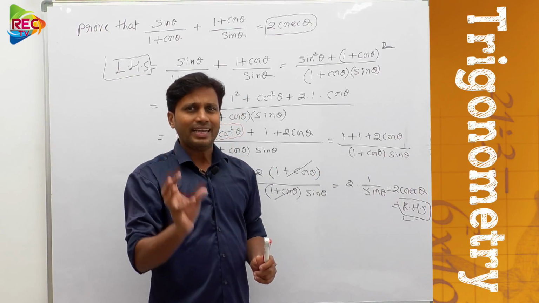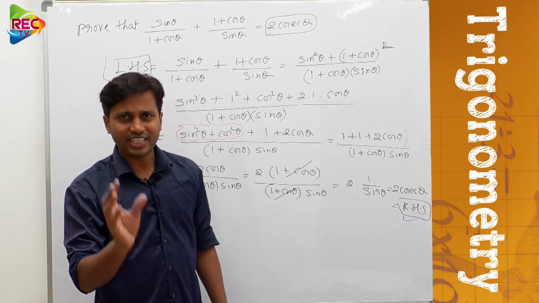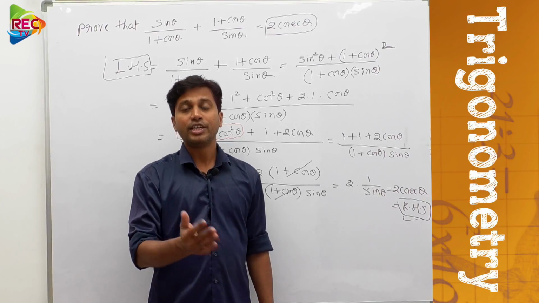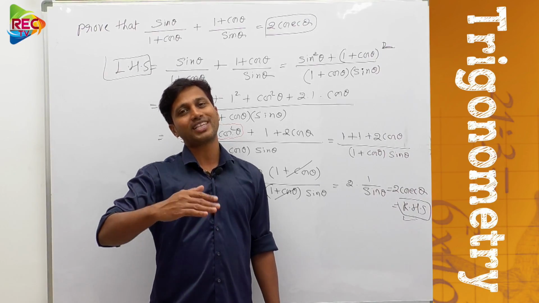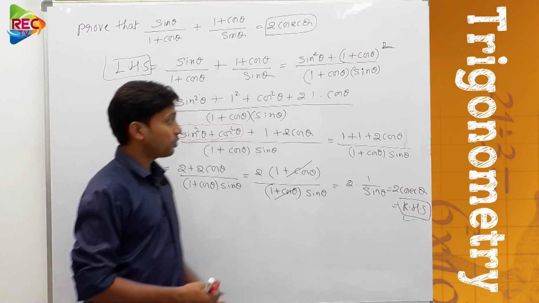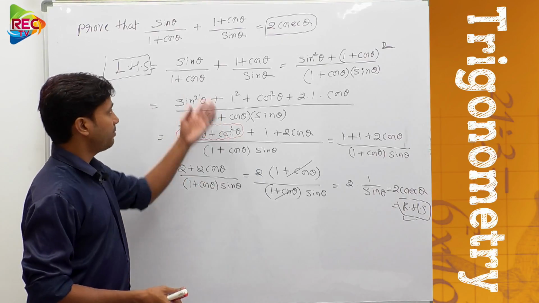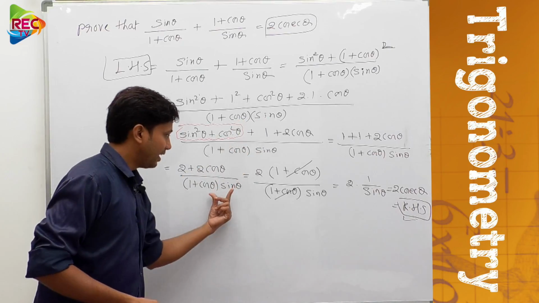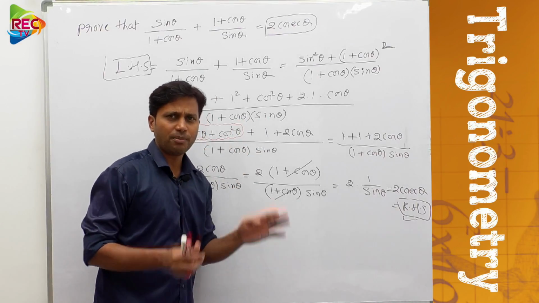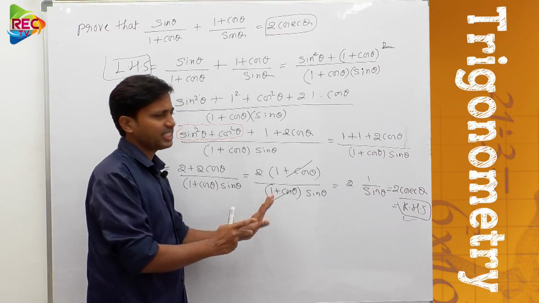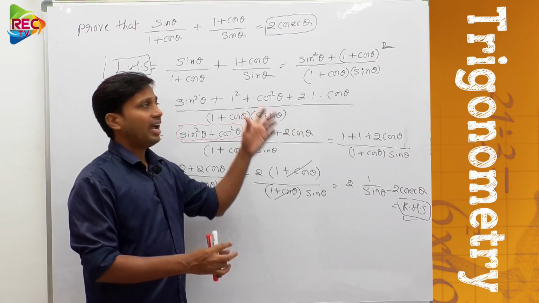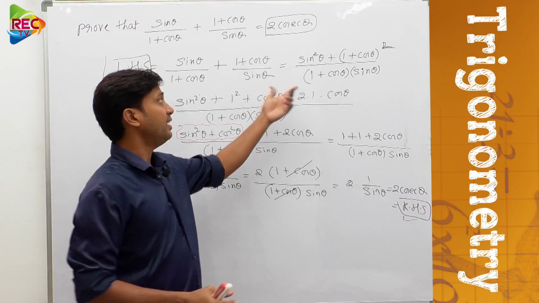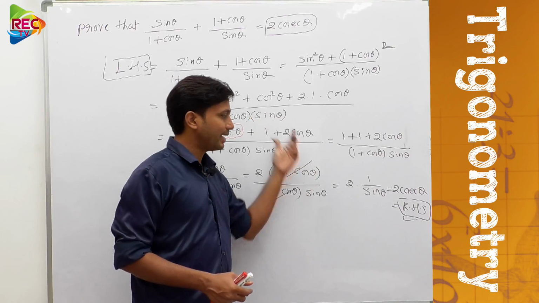You need to do the arrangements or rearrangements or changes in some of the terms only, so that the problem can be solved. Okay. So here also we have done the same thing. Here we didn't touch at least this denominator part. Denominator part we wrote as it is. We just have done some rearrangements in numerator part only to get it solved.